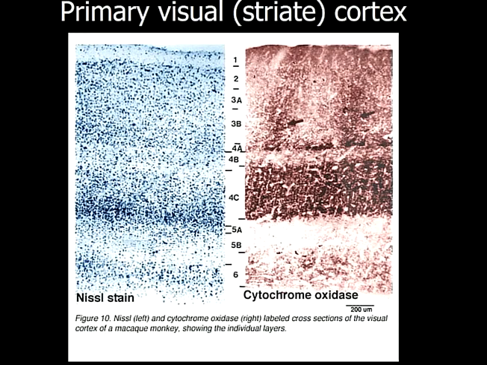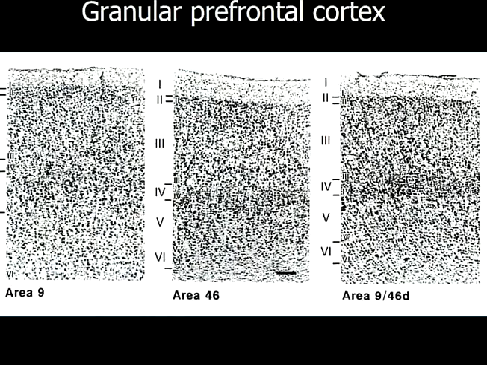Here's another one, primary visual cortex, often called striate cortex because it has this stripy feature, which is particularly well visualized when stained with cytochrome oxidase. It has this extremely complex layer 4, which has these sublayers 4A, 4B, and 4C. Why? Because it has to receive all of these complex inputs.